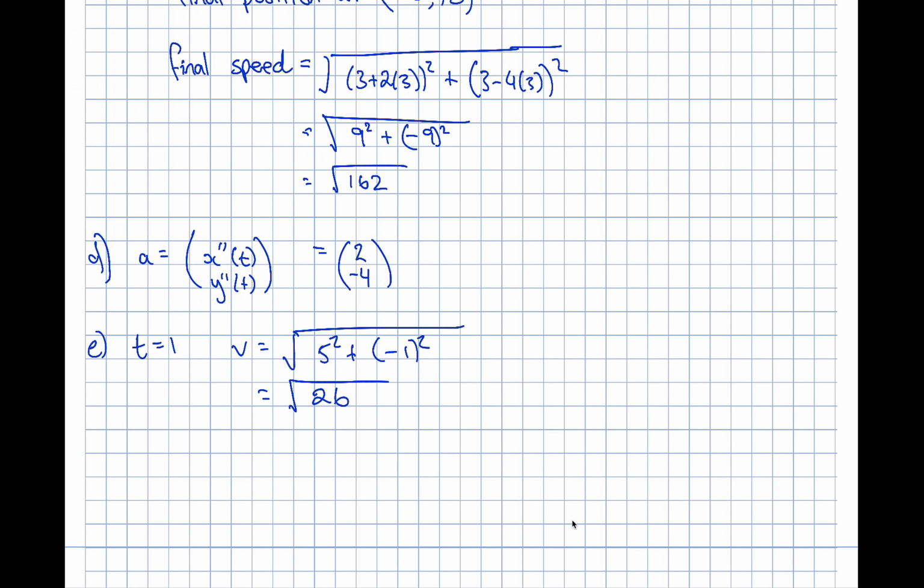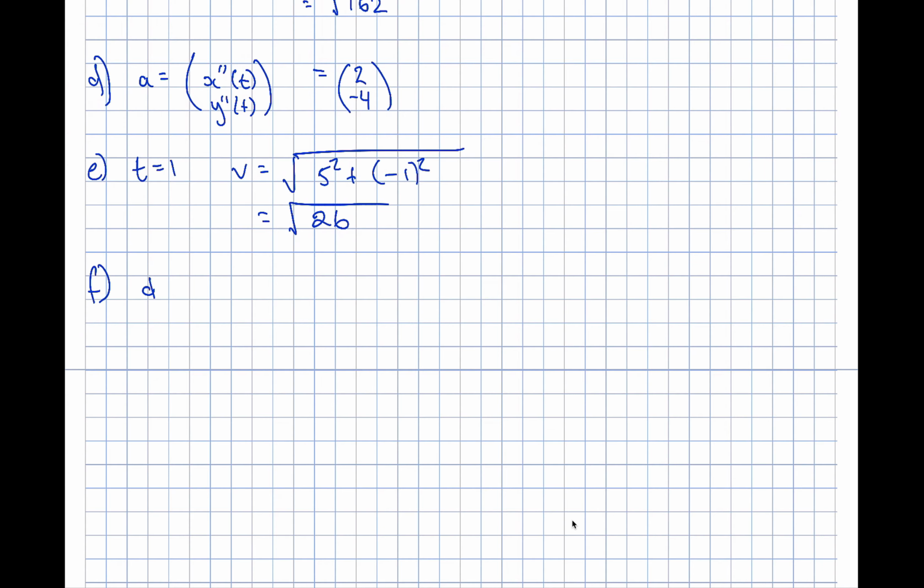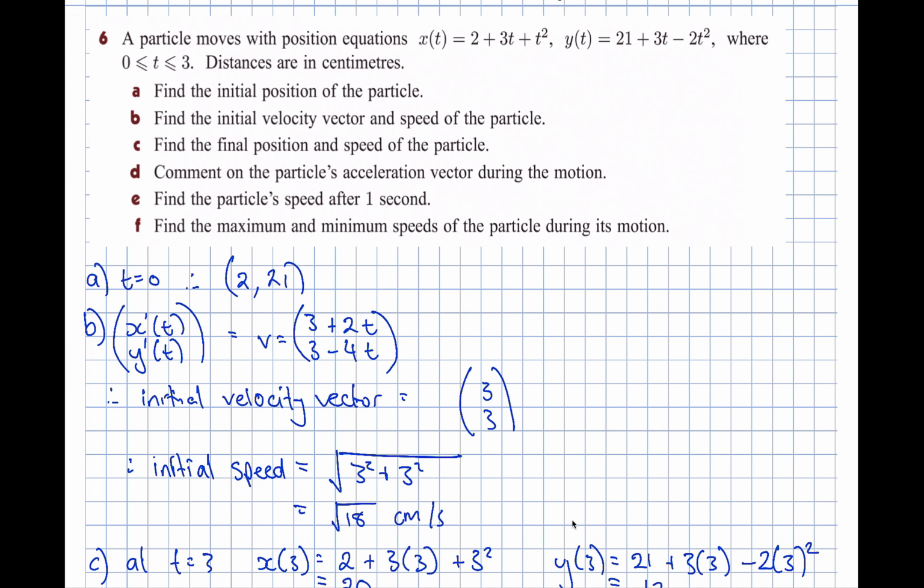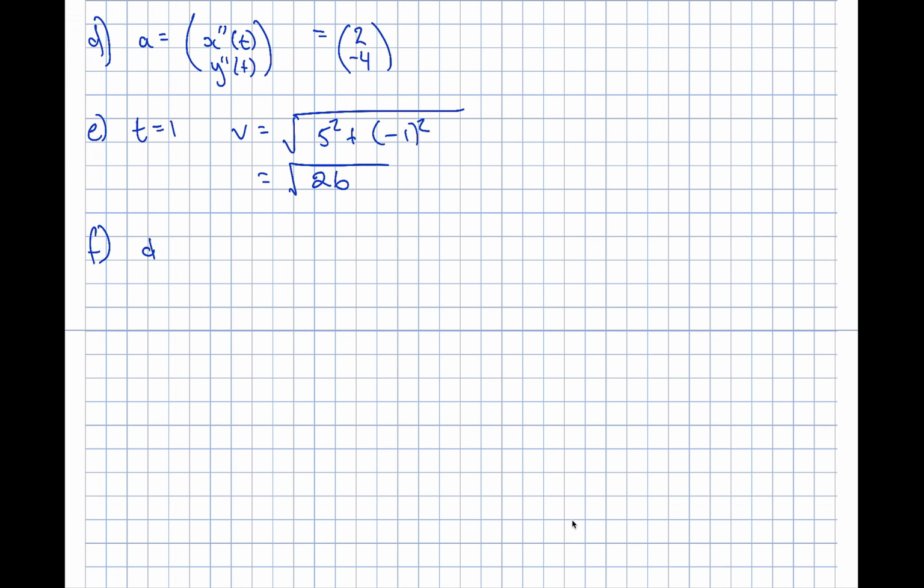So if we want to see how the speed varies with time, we really want to know what its lowest speed is and find the maximum speed, don't we? We want to know how the speed is changing with respect to time, but we want that to be equal to 0 to find the maximums and minimums.